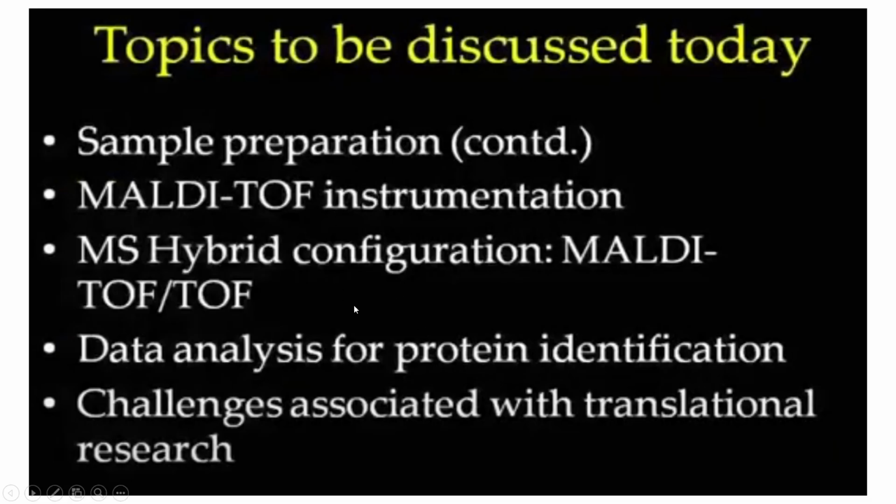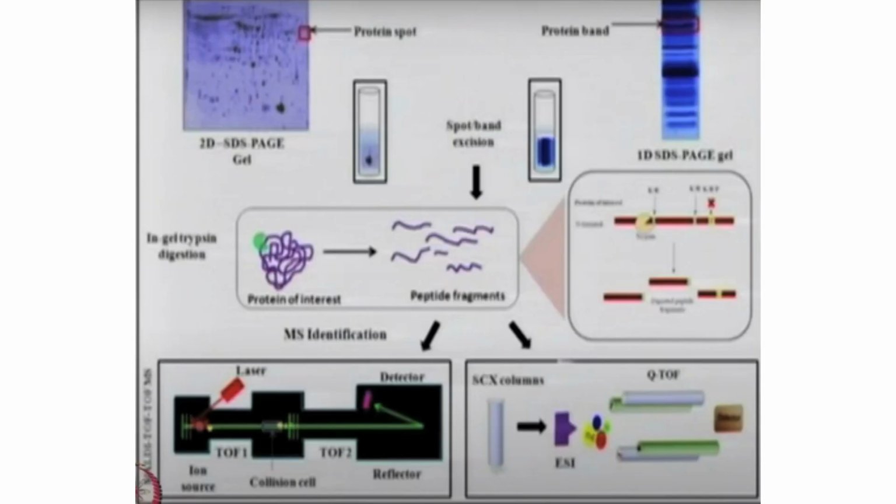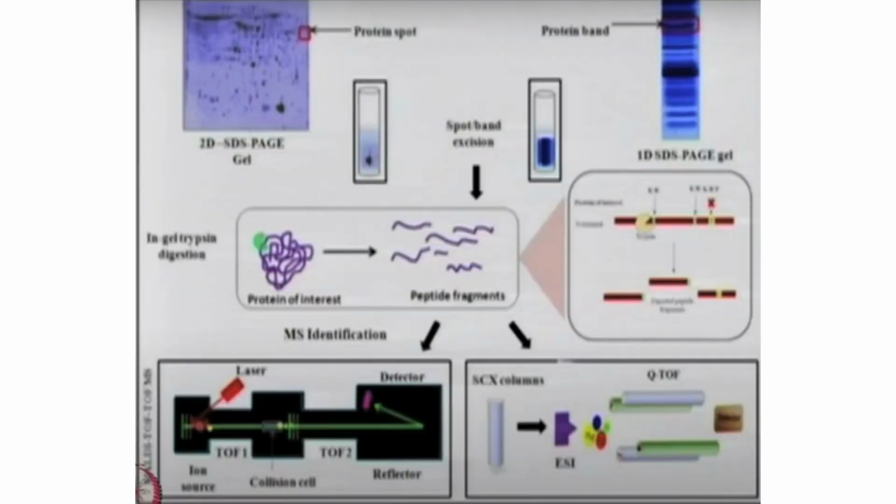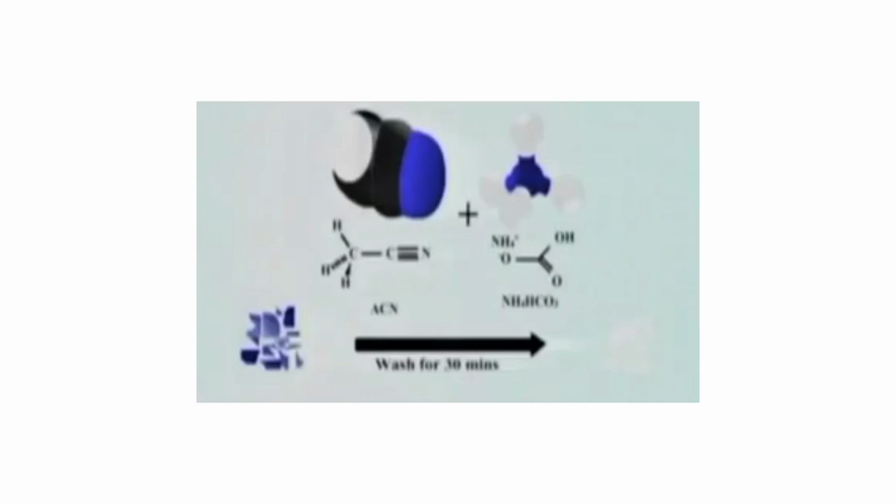In the next lecture, sir continued about the same technique and again gave an overview of what we were discussing. Here pictorially you can understand what happens. As we were talking about the destaining technique, using acetonitrile and ammonium carbonate, the stained gel will become colorless.